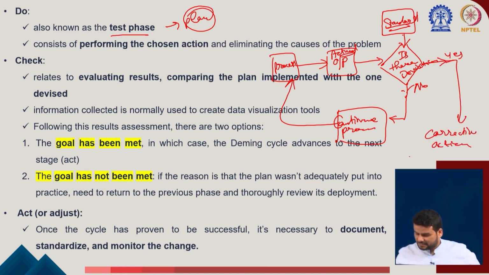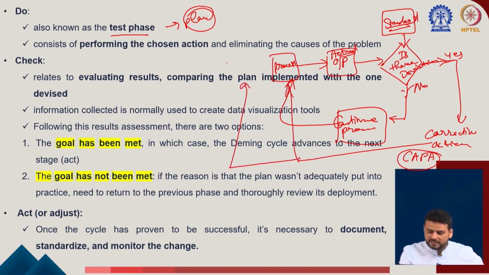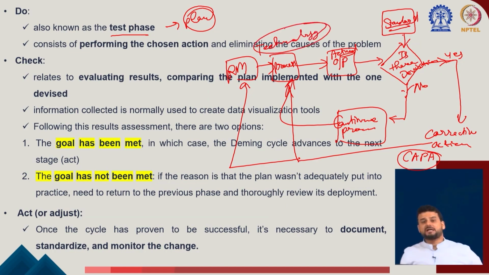Not only corrective action, we need to take the CAPA, corrective action as well as the preventive action. Corrective action, immediately either we need to change the process, or we need to change the raw material being supplied, or we need to change the technology, whatever it is, we need to change that thing as per the corrective action. Preventive action is that in future that should not happen, we should make some policy.